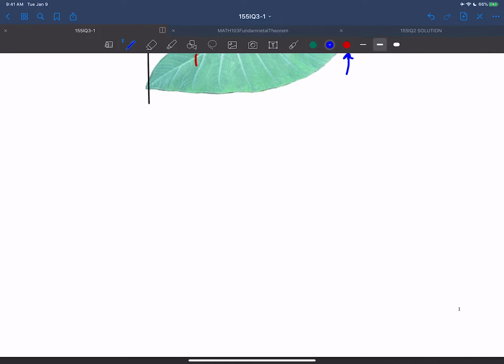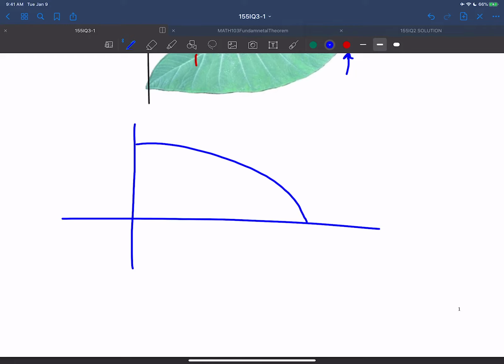Now, in this format, I'm going to draw this line up here, where this is 1, and now you have a 0 and a 5. So you can visualize this as two different portions.